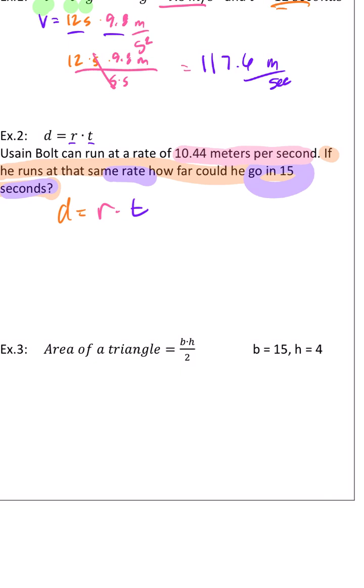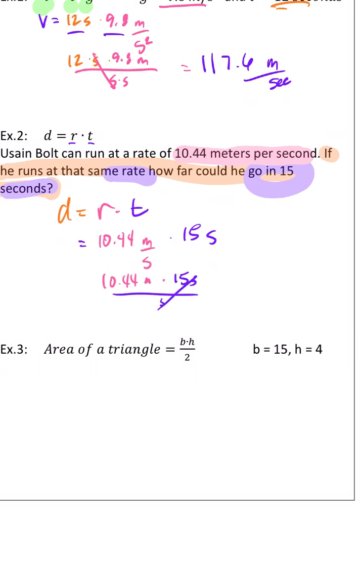Our rate was 10.44 meters per second, and the time is 15 seconds. So that's going to put 10.44 meters times 15 seconds over seconds.